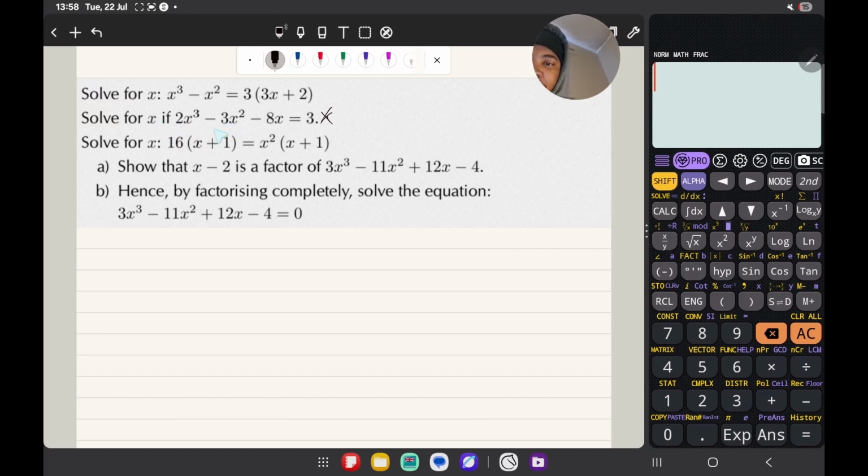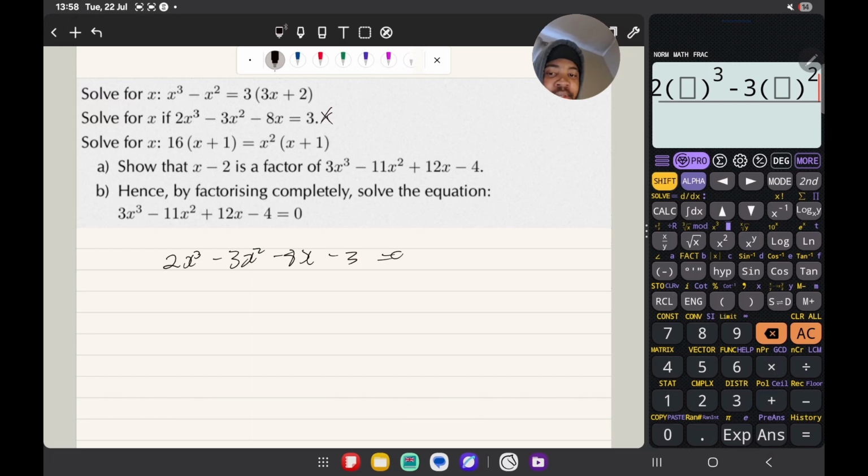So here we have 2x to the power of 3 minus 3x squared minus 8x. I'm going to transpose minus 3 equals to 0. So then we look for a number. Minus 3, minus 8, minus 3.